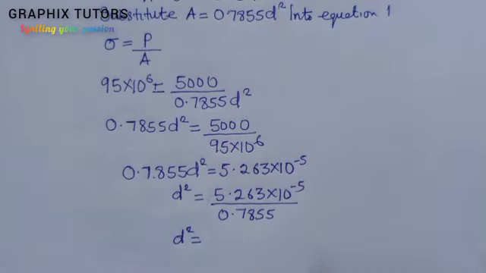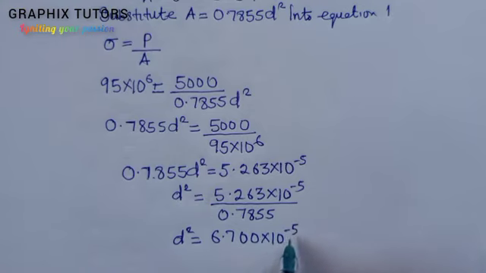That will give me 6.700 times 10 to the power minus 5.